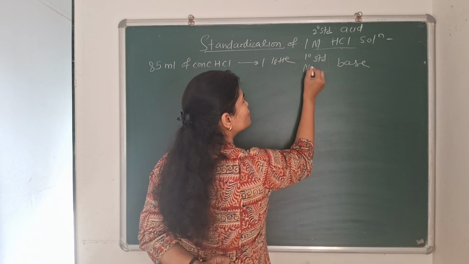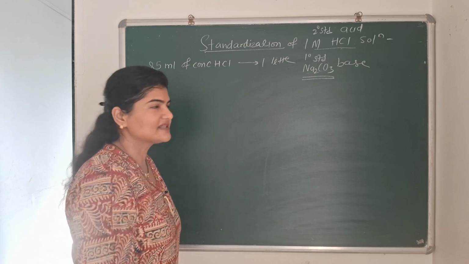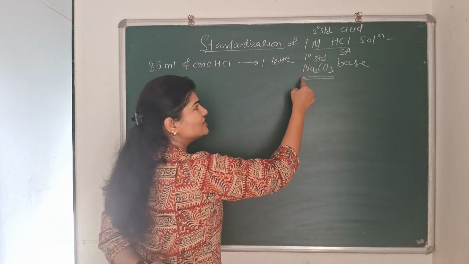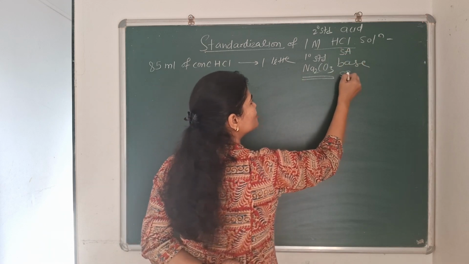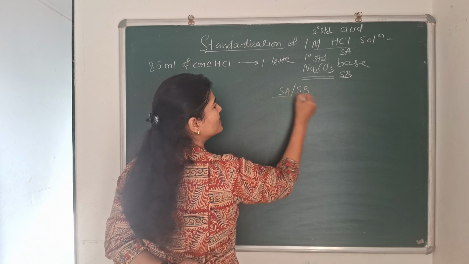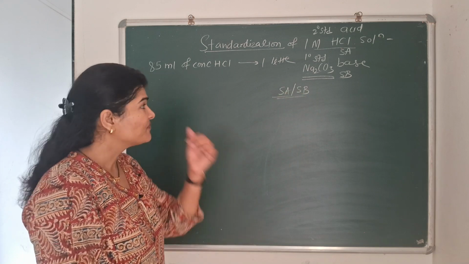So I'm going to choose sodium carbonate, Na2CO3, as my base. Now as you can see, HCl is a strong acid and sodium carbonate is a base, so it is going to be an aqueous acid-base titration.